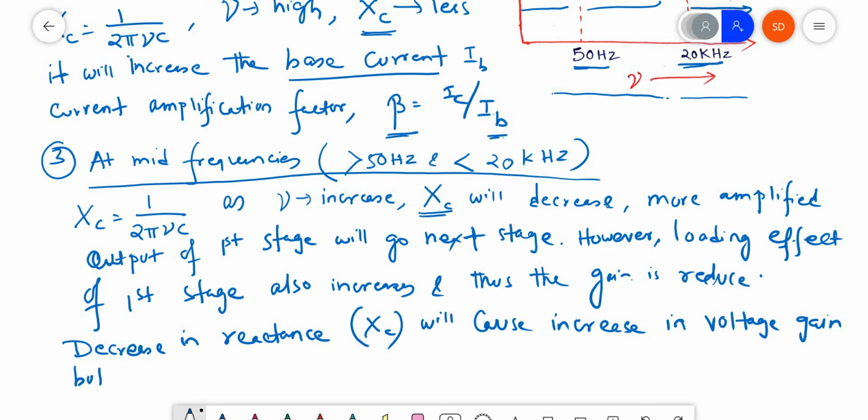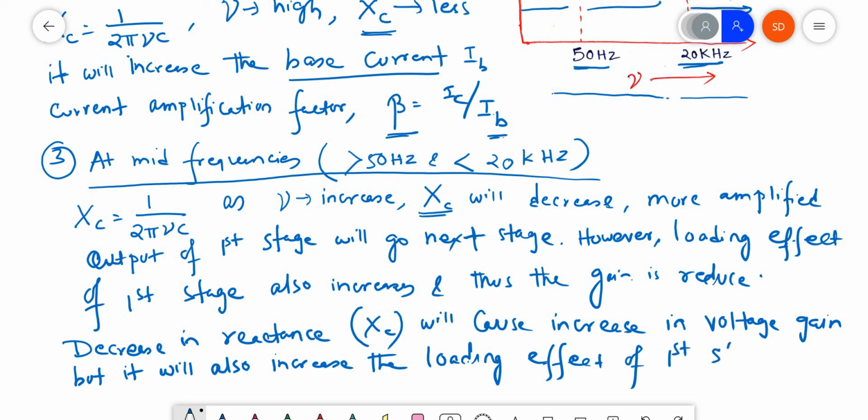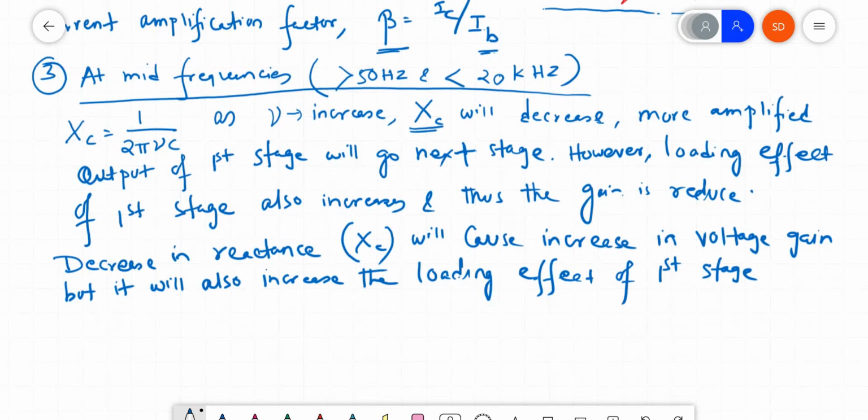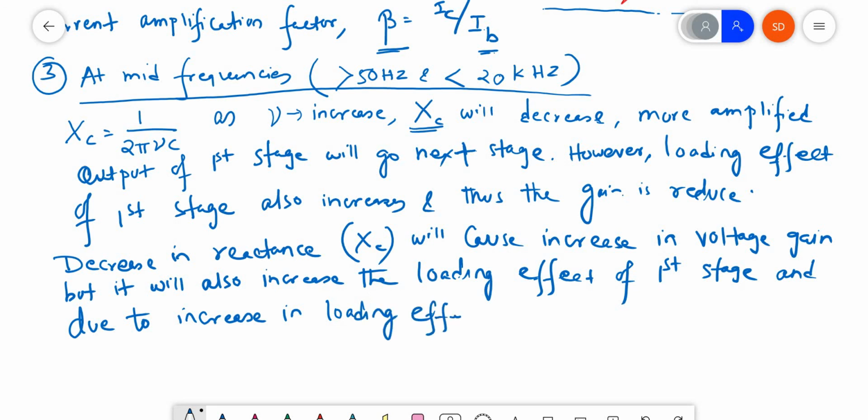but it will also increase the loading effect of first stage, and due to increase in loading effect, the voltage gain reduces.